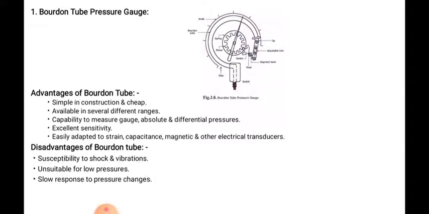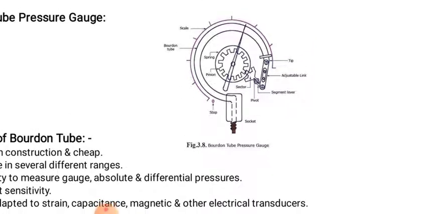In the first unit, while studying the generalized measurement system, we went through the Bourdon tube pressure gauge illustration for the measurement of pressure. Here is the Bourdon tube pressure gauge. Through the socket, the high pressure air whose pressure is to be measured is blown through the inlet.